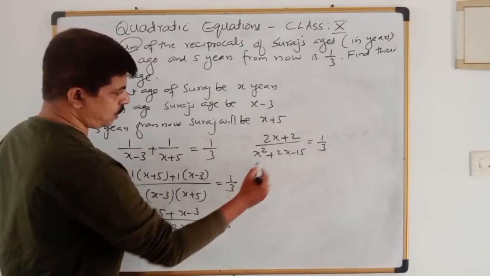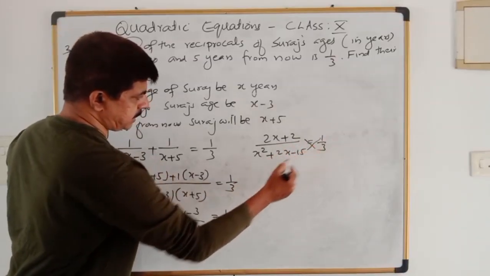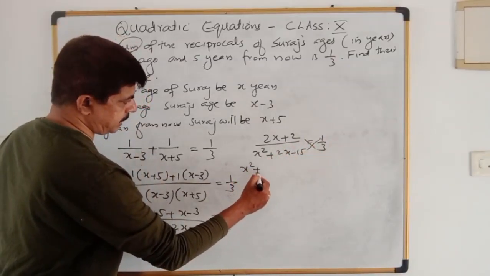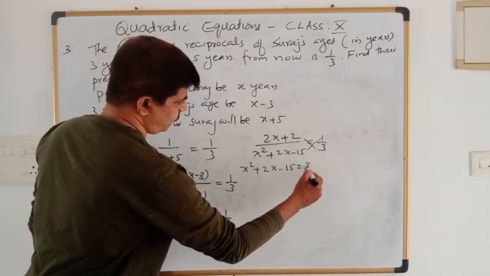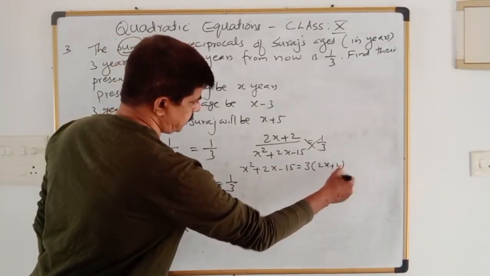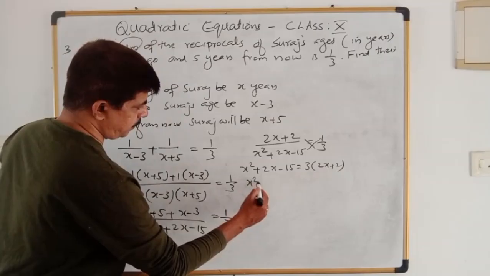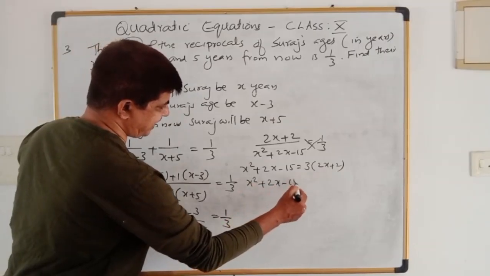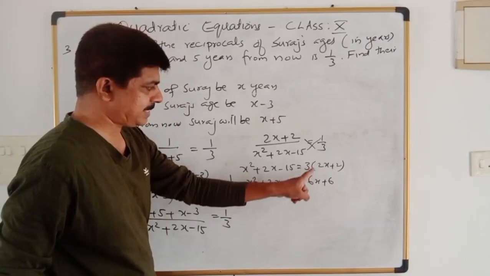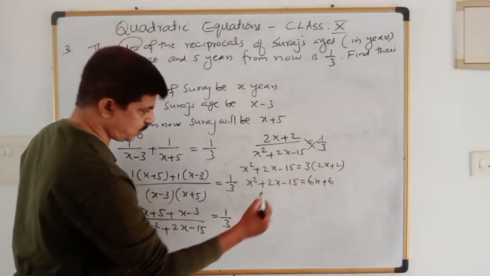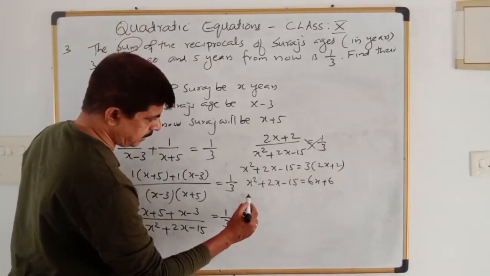So we cross multiply: x square plus 2x minus 15 is equal to 3 into 2x plus 2. So x square plus 2x minus 15 is equal to 6x plus 6, since 3 twos are 6. So we bring the numbers to this side.